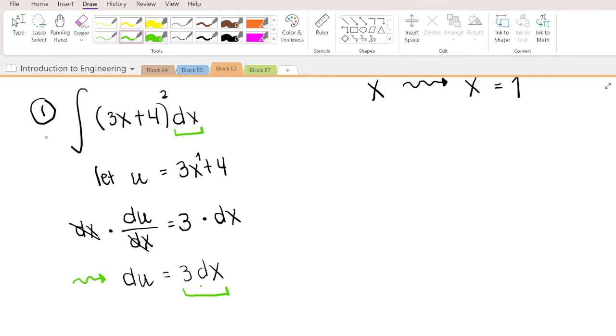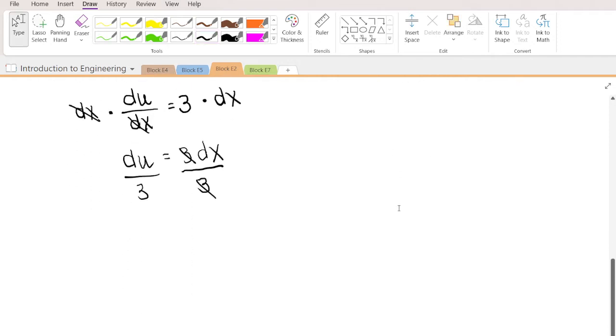What I am going to do is modify the equation in such a way that I can replace the dx in the given integrand. To do that, I will divide both sides by 3 and then obtain the value of dx. So you have du over 3 equals dx.